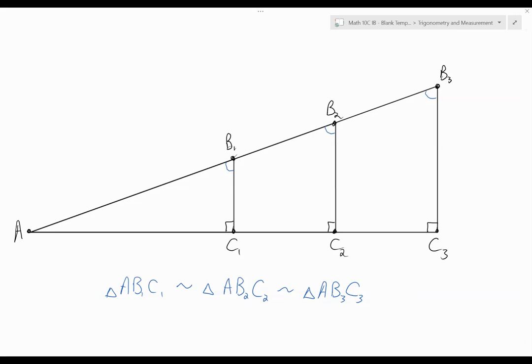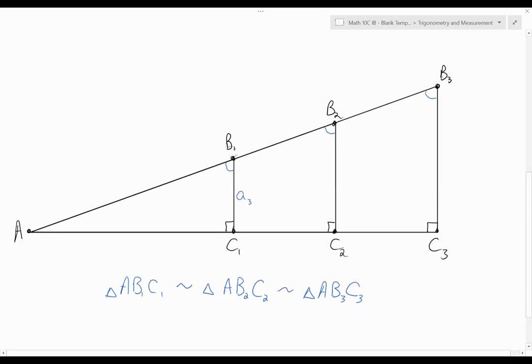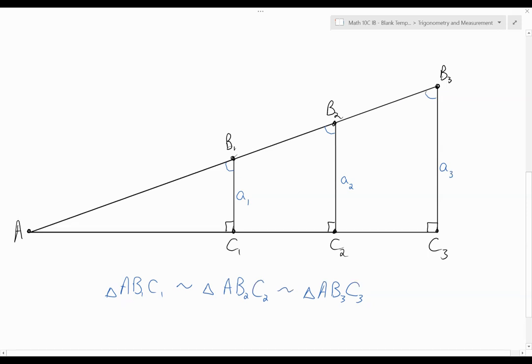Now, they don't have the same size, but what we do know is that their side lengths are proportional. So that is going to be important. I'm going to name these sides by using the letter opposite to the side, but with a subscript for each of these triangles. So A1, A2, A3.